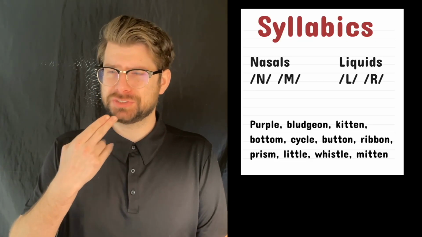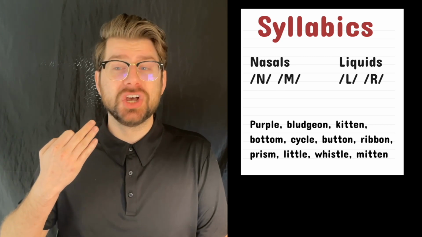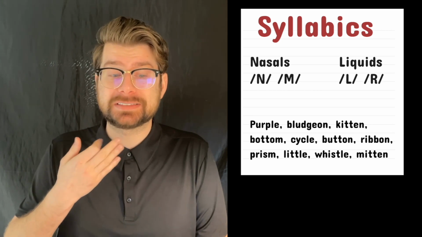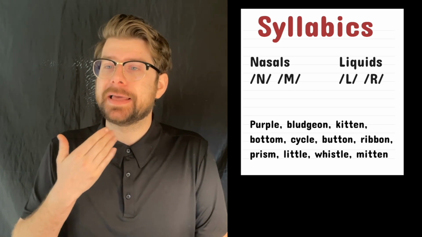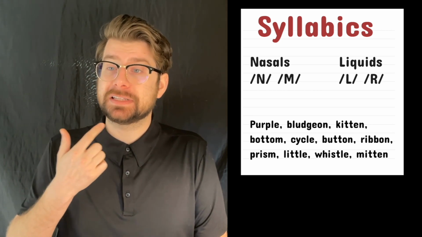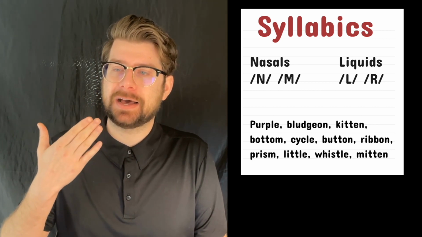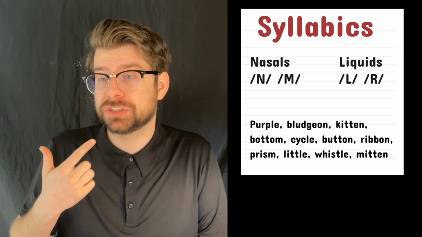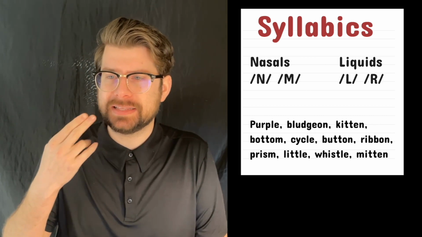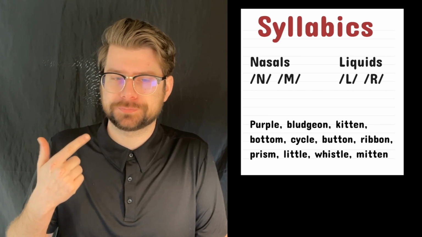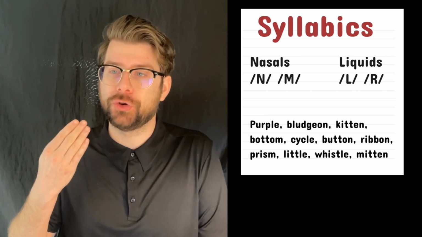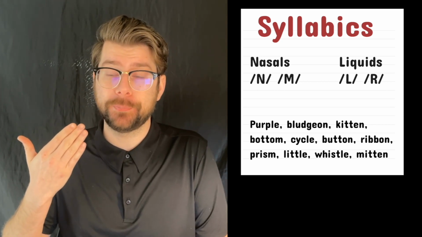So now to talk about syllabics. So if you look at a linguistic textbook, it will have syllabics, and that means that a sound, a consonant in English, takes on qualities of a full syllable. So we have nasal sounds like n and m.